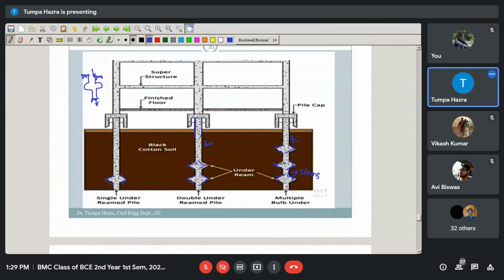Now, to overcome this swelling and shrinkage effect, the stems are bulged at certain heights. This type of pile is known as under-ream piles. And what are expansive soils? An example of an expansive soil is black cotton soil.